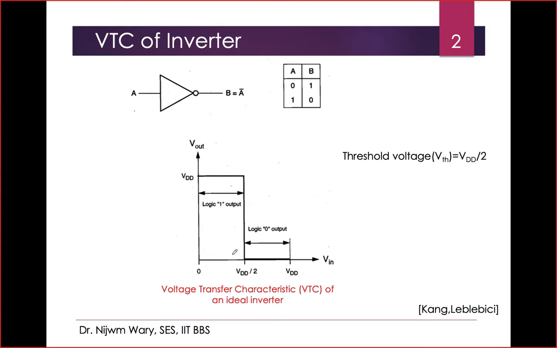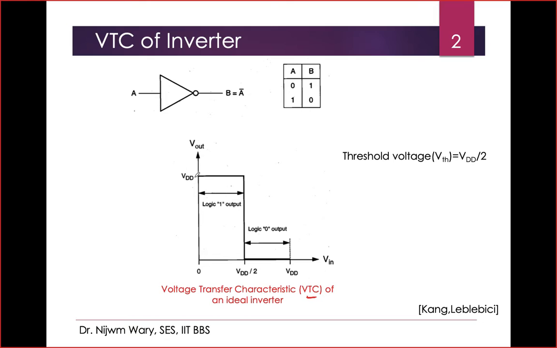Now if we go for the ideal characteristics, the voltage transfer characteristics, which is termed as VTC of an ideal inverter, it looks something like this. Whenever my V in is around 0, less than VDD by 2, the output is high, or it's a logic 1.